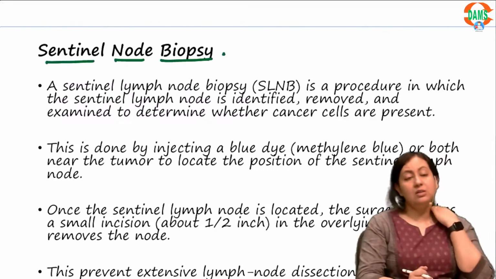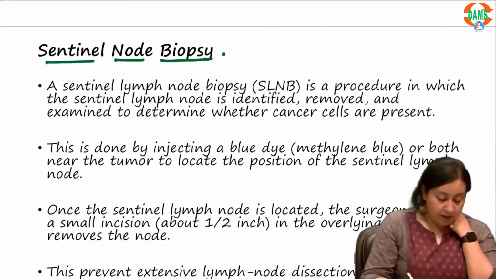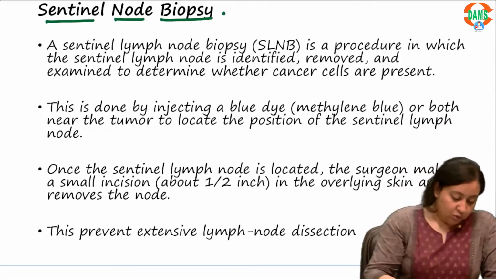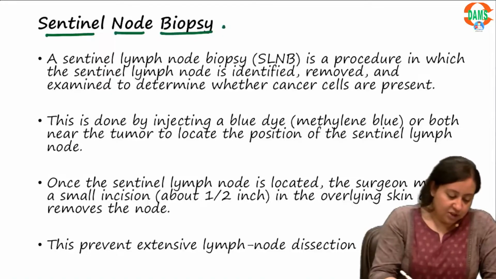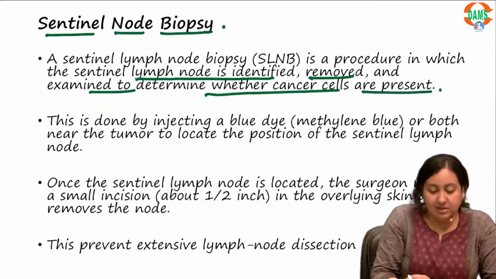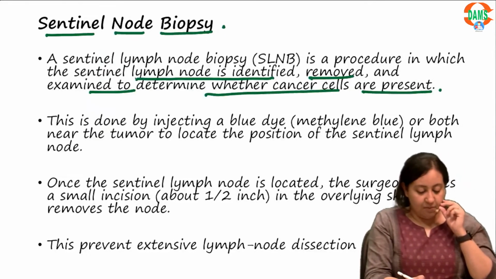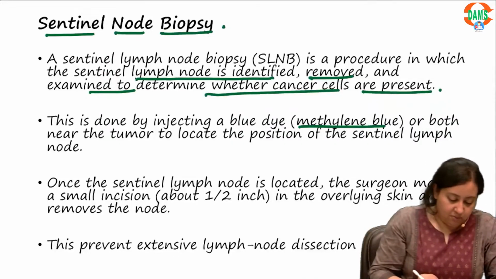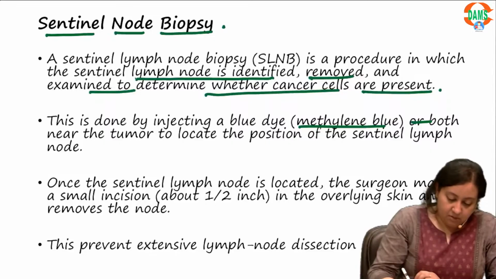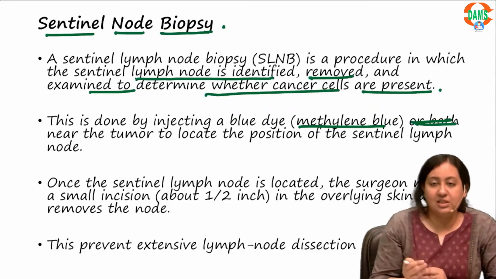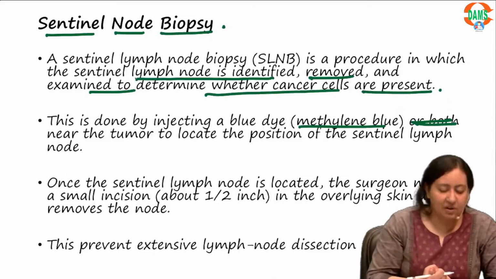So we were talking about sentinel lymph node biopsy. I had just explained the technique, so we'll just go through it. A sentinel lymph node biopsy is a procedure in which the sentinel lymph node is identified, removed and examined to determine whether cancer cells are present or not. It is done by injecting a blue dye, usually methylene blue, near the tumor to locate the position of the sentinel lymph node, so basically to localize the lymph node.